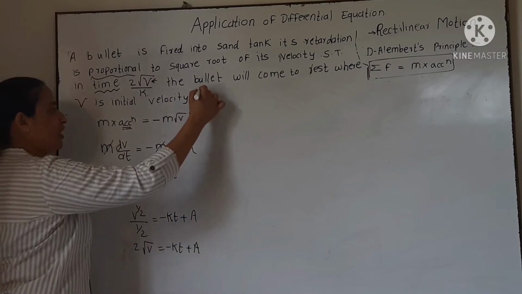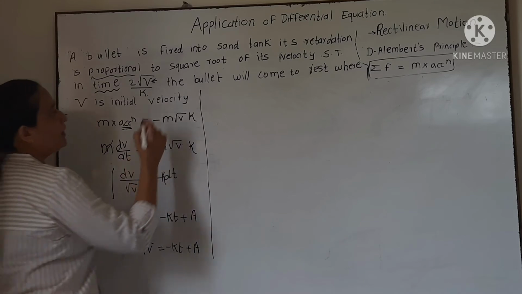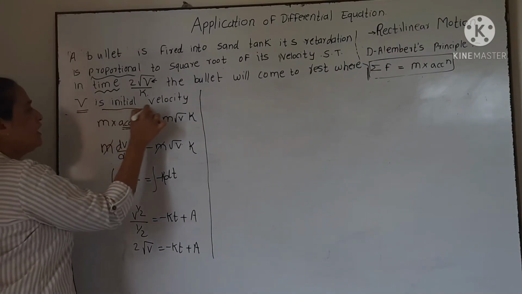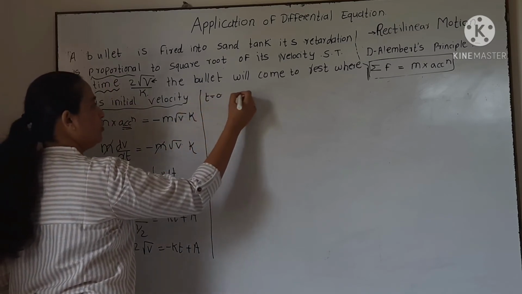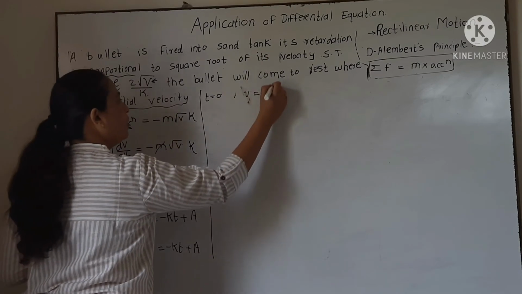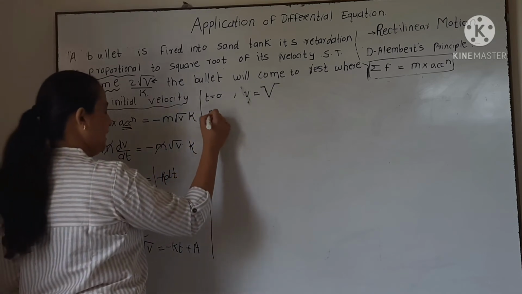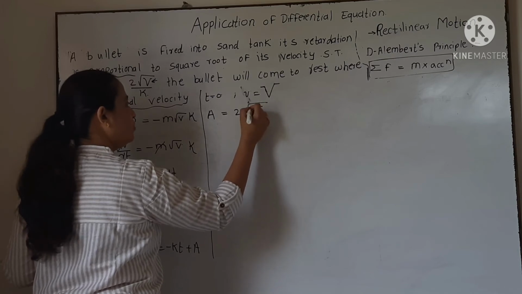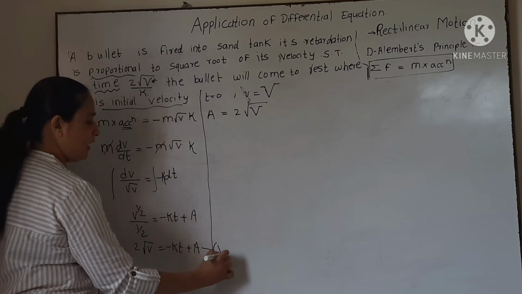Now we will use the initial condition to determine the value of the constant of integration. They are given that the bullet comes to rest, where capital V is the initial velocity. That means initially when t is equal to 0, small v is equal to capital V. If you use this substitution, you will get the value of A equal to 2 root of capital V. Therefore, put this value in equation 1.